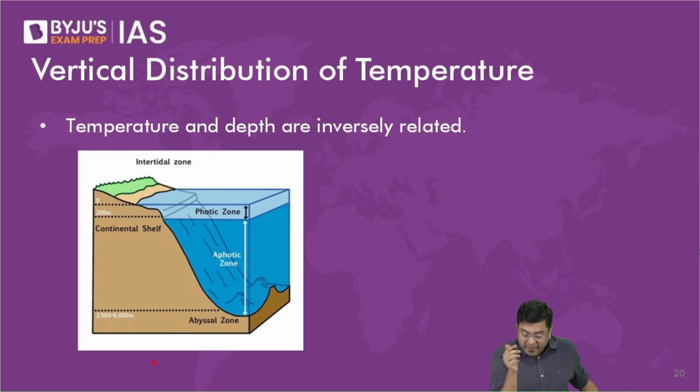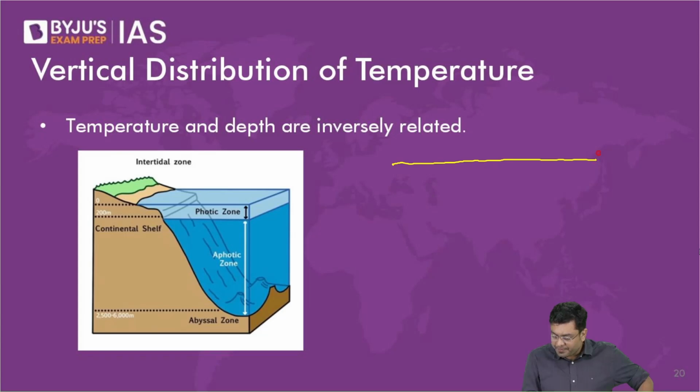If insolation is higher in a region, obviously there is a greater amount of heating, and as the intensity of insolation reduces, the heating also reduces. So in the photic zone, you will in general experience higher temperature. As you move into the aphotic zone, the temperature reduces significantly.